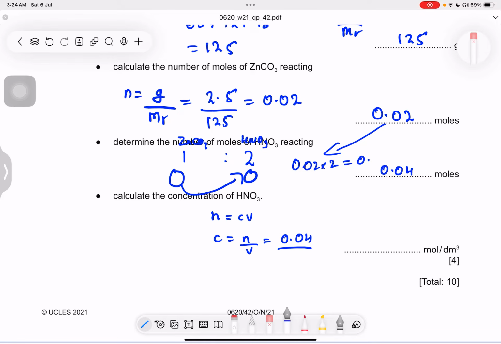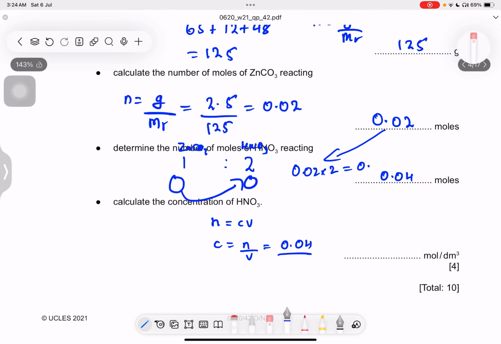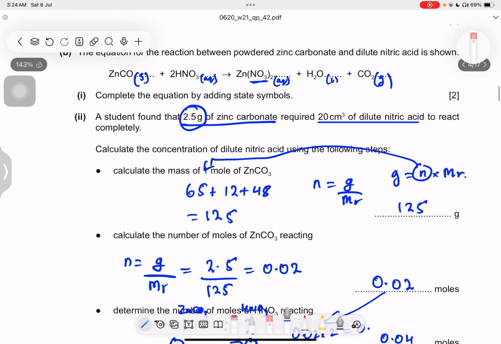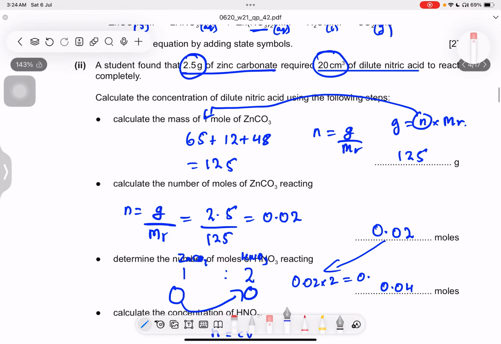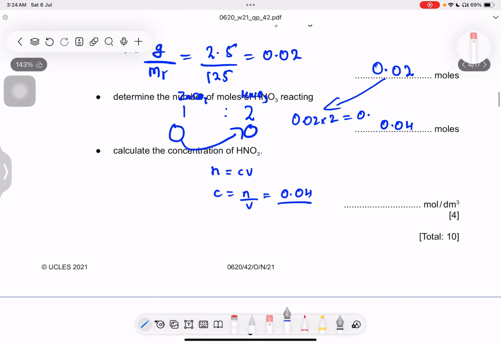So we know the number of moles of nitric acid, and what information were we given? We were given the volume. Okay, so 0.04 will be divided by 0.02, because 20 cm cubed to dm cubed we have to convert it, and for this we divide by 1000. So 0.02, which will be equal to 2.